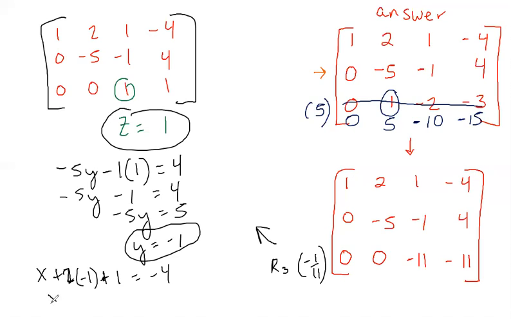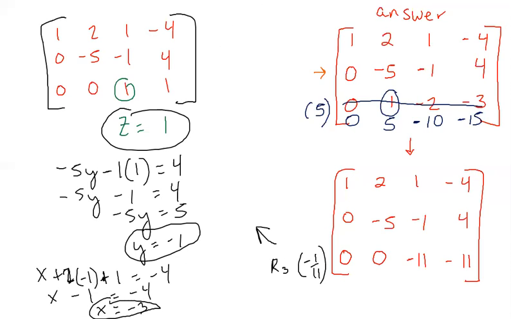So now we have x, 2 times negative 1 is negative 2, negative 2 plus 1 is negative 1, equals negative 4. Now we add 1 to both sides. X equals negative 3. Okay? That solves our system.